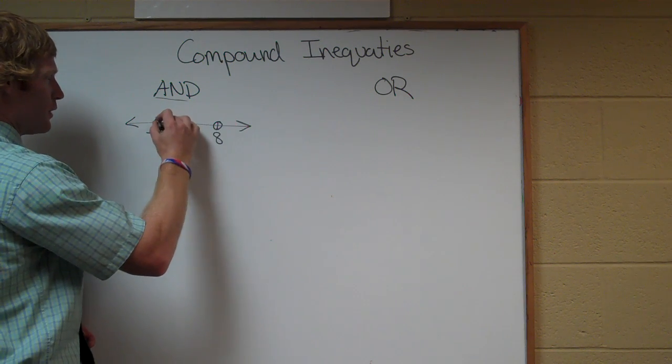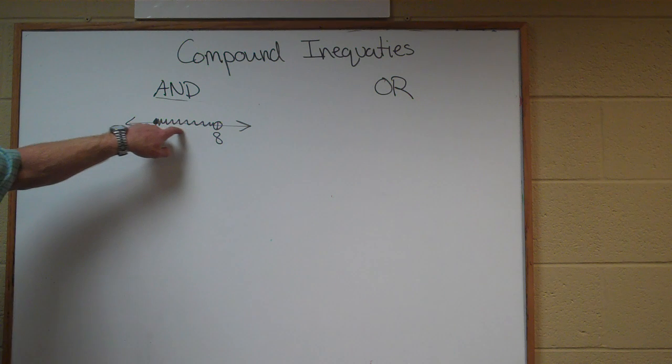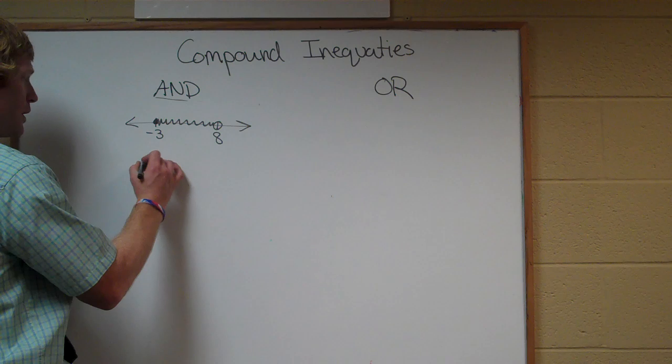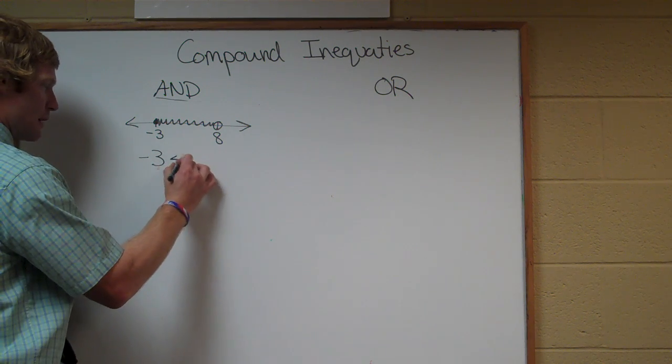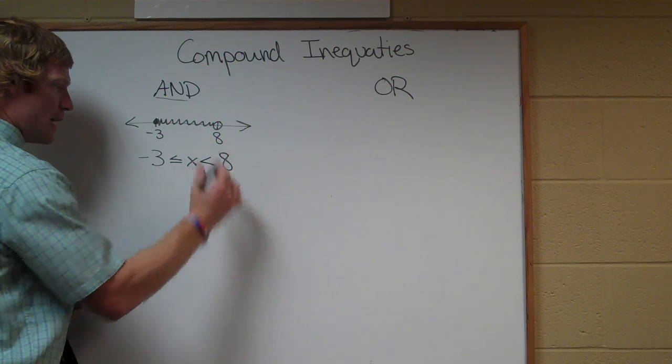We have an open circle, and I notice that the shading, again, is between -3 and 8. So I can represent that two ways. -3 is less than or equal to x, which is less than 8.